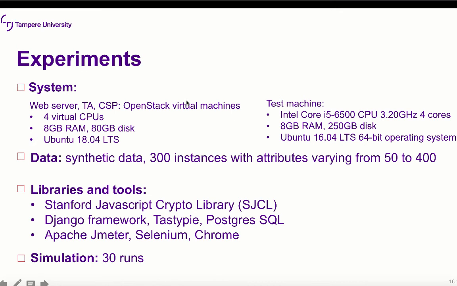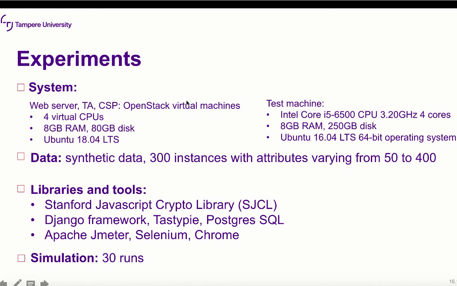Because the data content is not really important for the performance test, we generate synthetic data in JSON format with 300 instances, and the number of attributes varies from 50 to 400. For implementation, we rely on Stanford's JavaScript crypto library to implement the cryptographic functions at the user side.